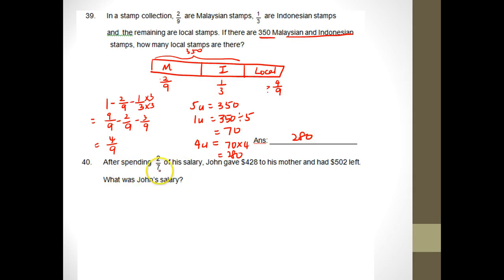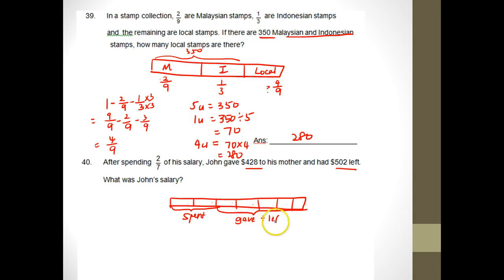Question 40. After spending 2/7 of his salary, so I know the salary is a whole. There are 7 units. 1, 2, 3, 4, 5, 6, 7. He spent 2 units. John gave 428 to his mother and had 502 left. So I know this is what he gave to the mother plus what was left.